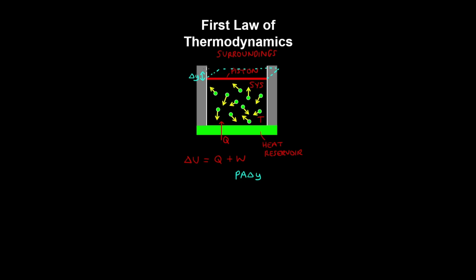So if the piston moves upwards, the system does work on the surroundings. So therefore this can be written as pressure by the change in volume. And therefore our change in internal energy can be written as follows.